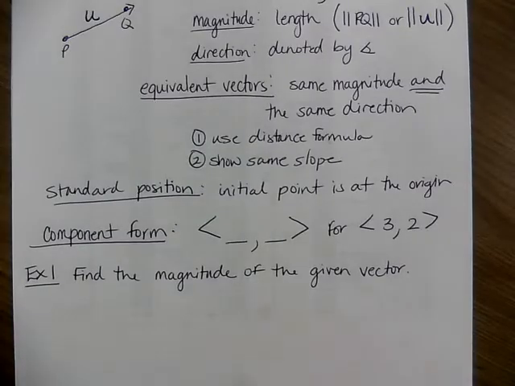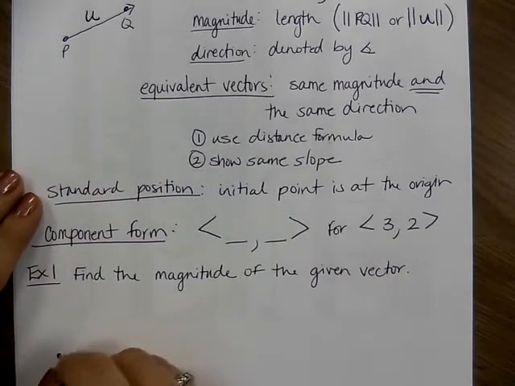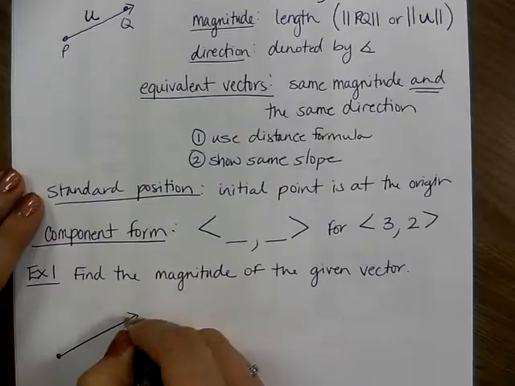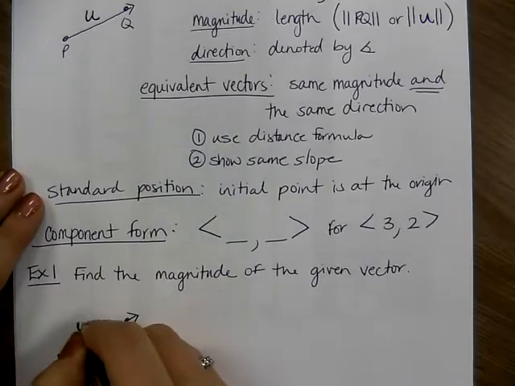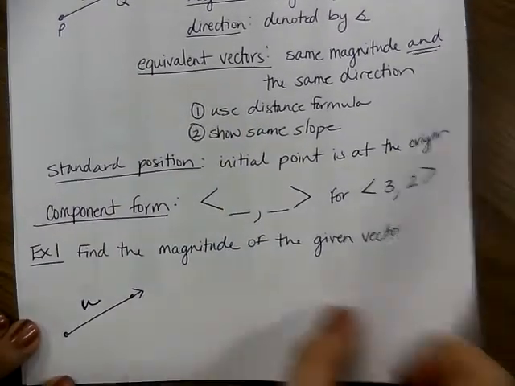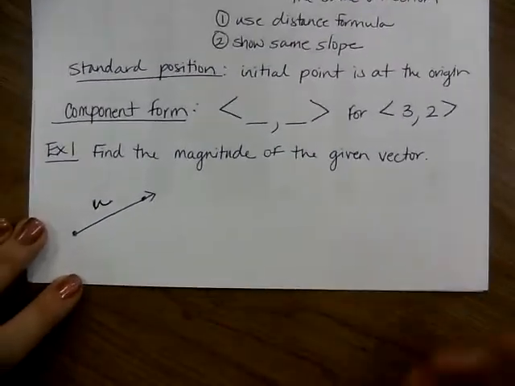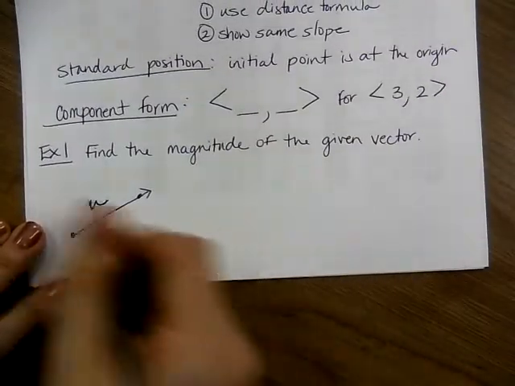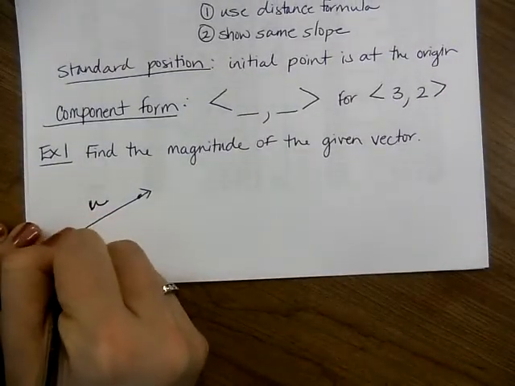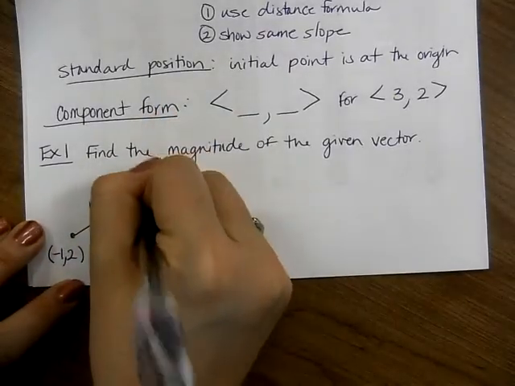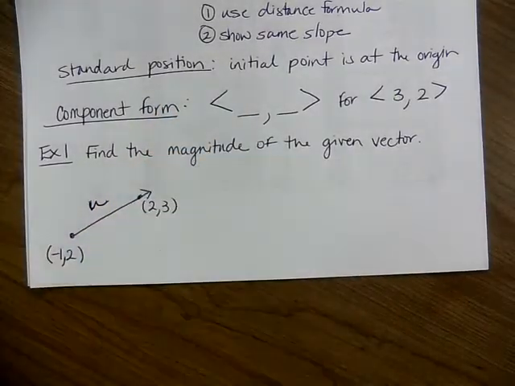We're going to start out with this vector u, and we're given the points -1, 2, and 2, 3.